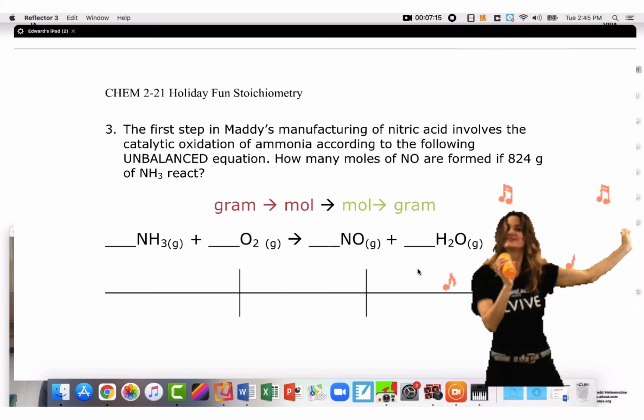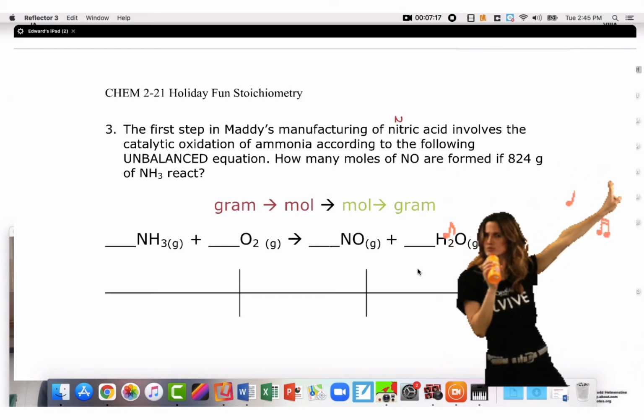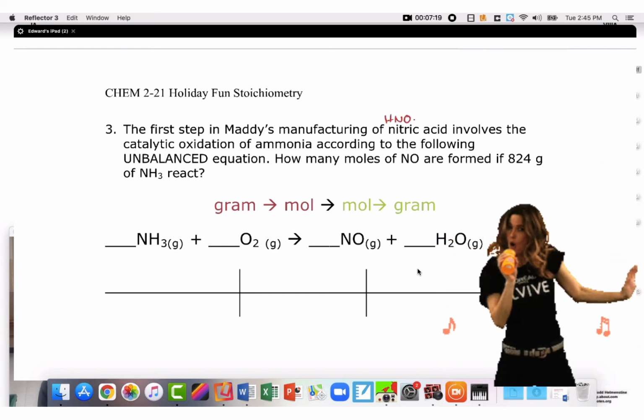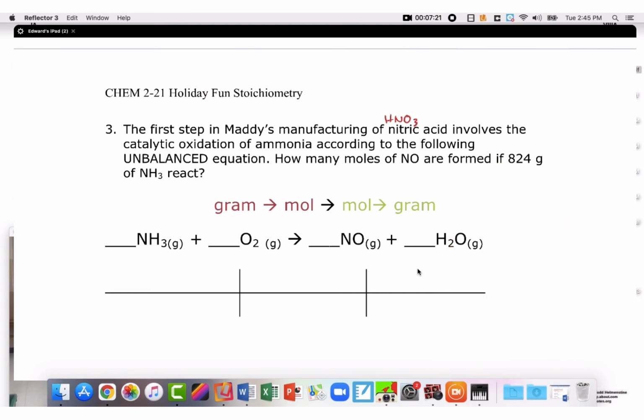Nitric acid is HNO3. And let's see what we have here. Ammonia is NH3. Unbalanced equation. Okay, and that's already listed, and that's listed. How many moles of NO, that doesn't sound very festive, react with this many grams of NH3?